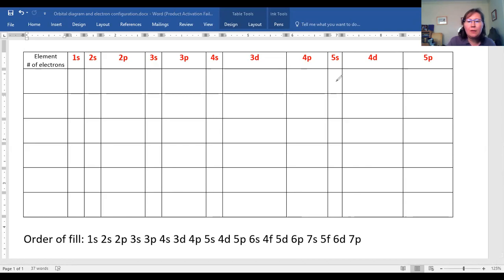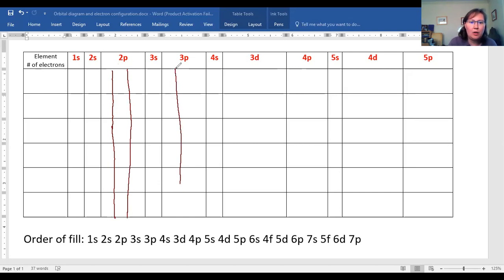Now let's start by saying we have 1s and 2s, and now look at our 2p here. Remember, we have 3 p orbitals. So I'm going to try to subdivide that by drawing some divisions here.